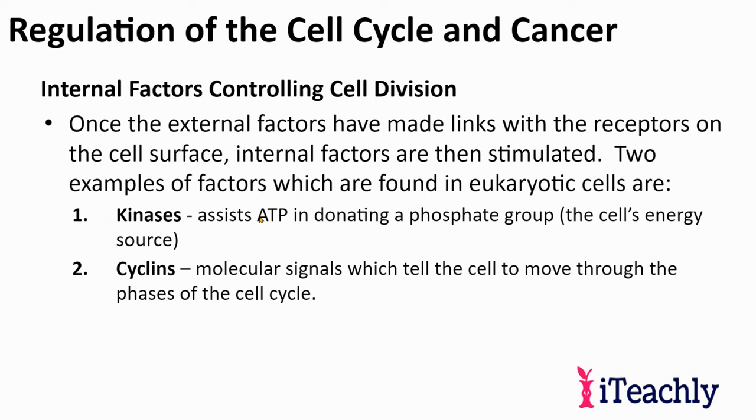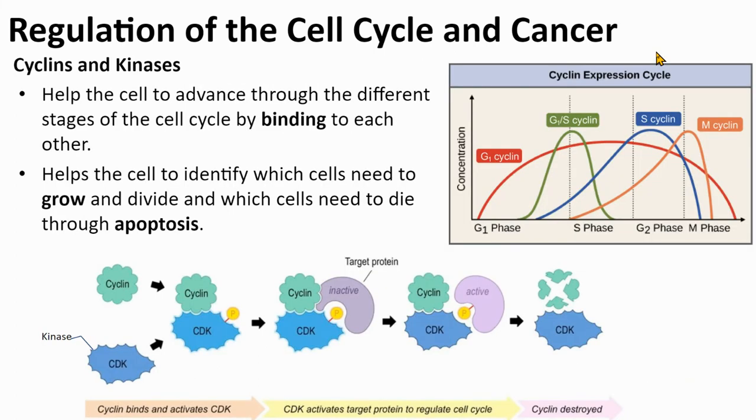But basically, this is a protein, and when it gets this phosphate from this ATP, it turns it on. And then this is going to meet up with this cyclin. This is a different protein. And these are molecular signals which can tell the cell to move through the phases of the cell cycle. So these kinases and cyclins work together. And I will show you that right here.